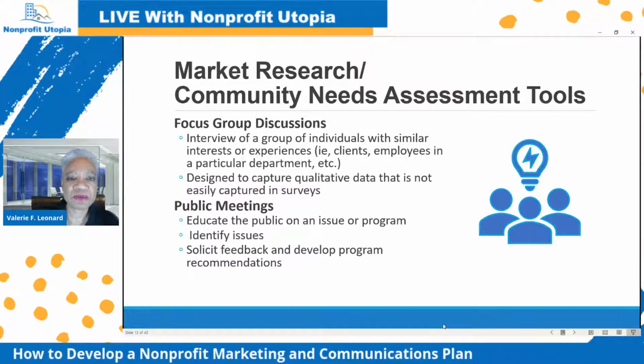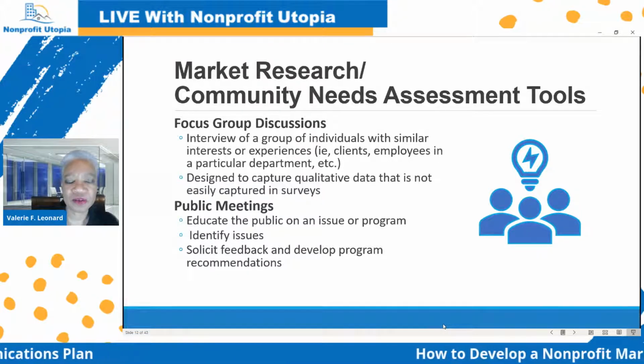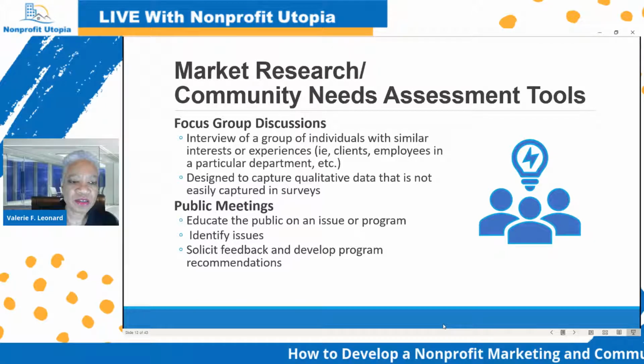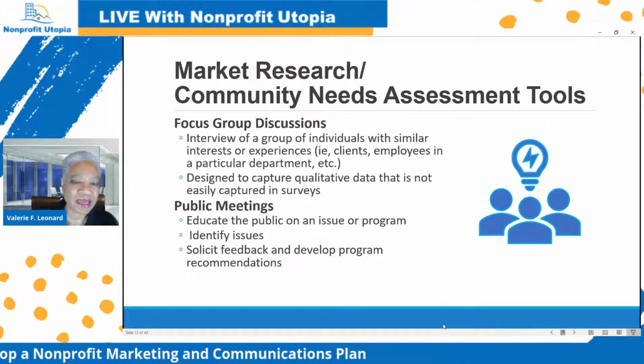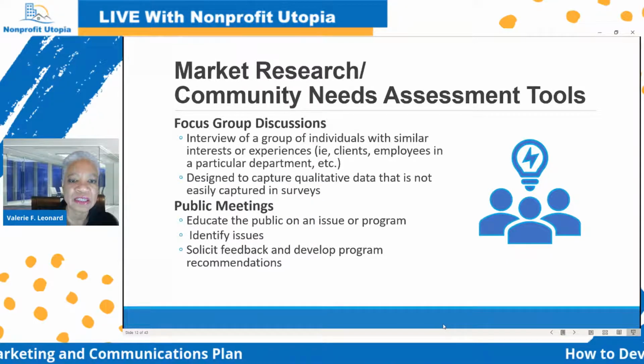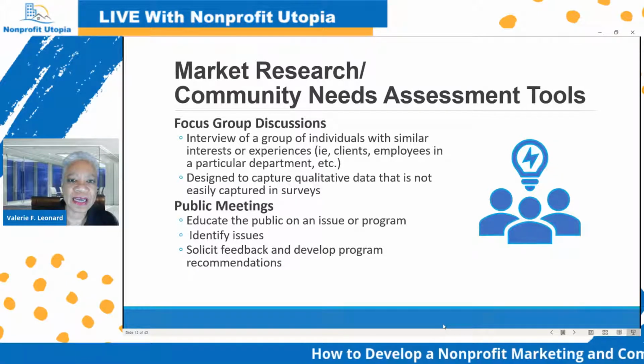It could be people that represent a certain segment of partners that you might be trying to attract. So basically, you want to make sure that you're bringing together people who have something in common where they can have a really rich discussion, but you also want to make sure that these people reflect the ideal segment that you're trying to reach.